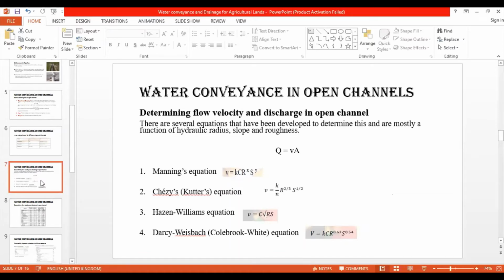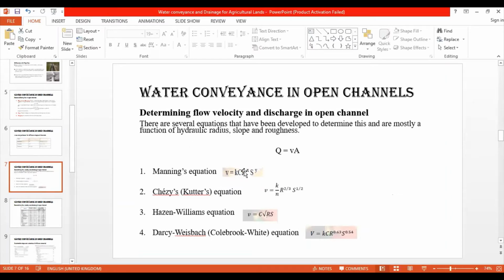The first one we can look at is the Manning's equation, this one here. It has four variables. The S is the slope, the C represents the roughness of the channel, and the R is the hydraulic radius.